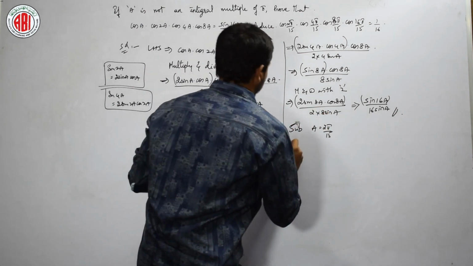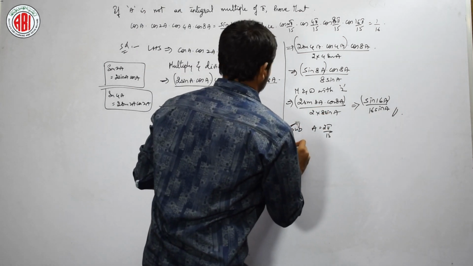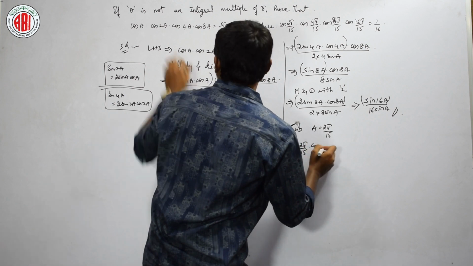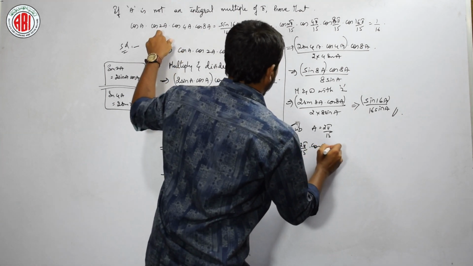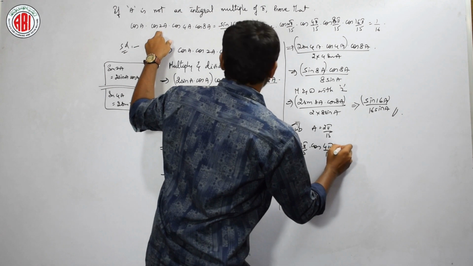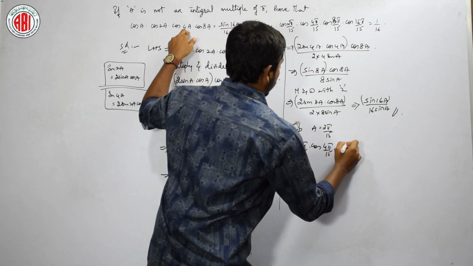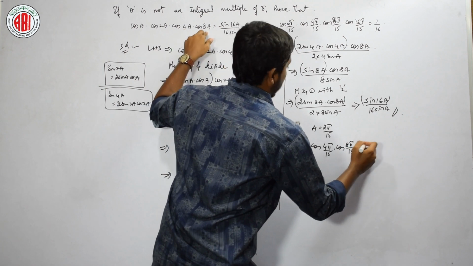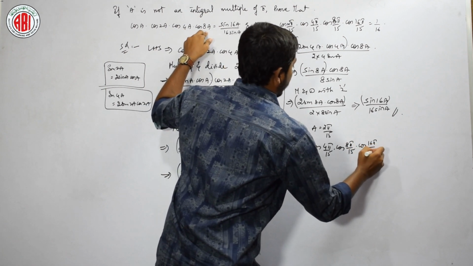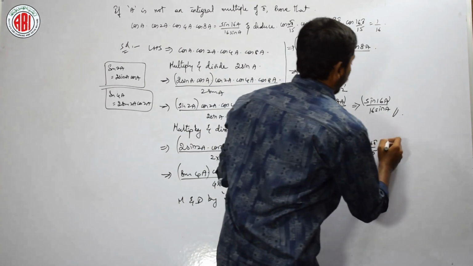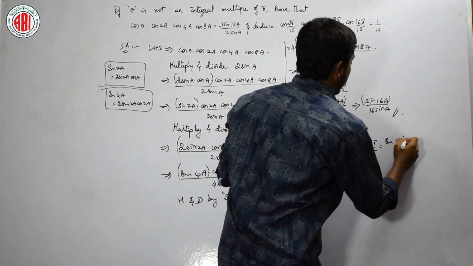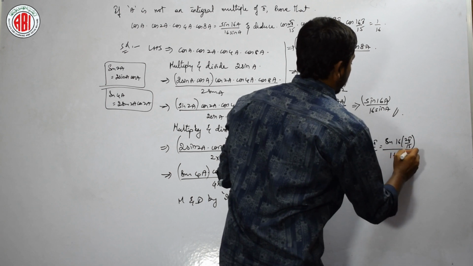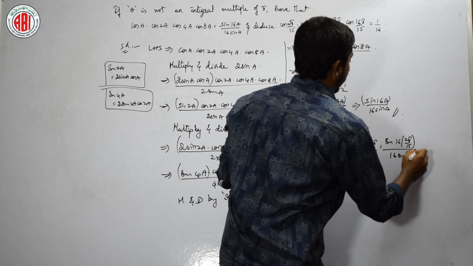Let us substitute it, it will be cos 2 pi by 15 into cos 4 pi by 15 into cos 8 pi by 15 into cos 16 pi by 15, that is equal to sin 16 into 2 pi by 15 divided by 16 sin 2 pi by 15.